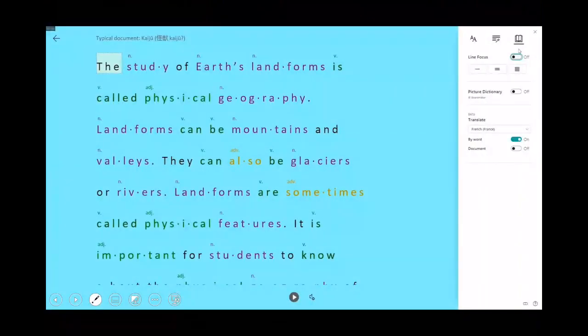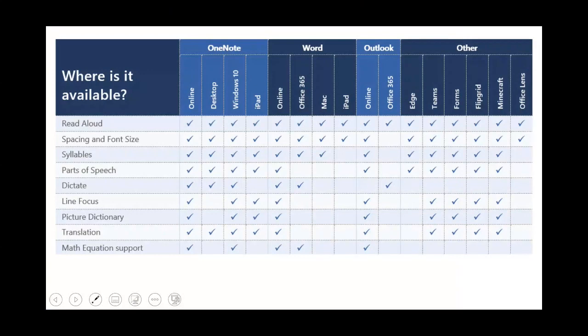So I've demonstrated that you can change the background colours and the languages and that sort of thing. And it's actually available in a whole range of different tools. So you can see here in OneNote, you've got the picture dictionary, the translation. There's also maths equation that we're coming to later on.